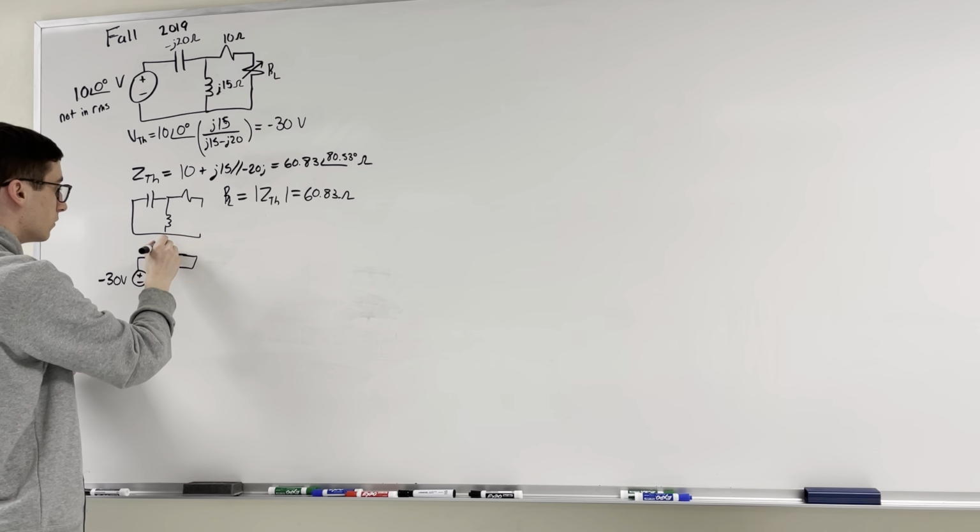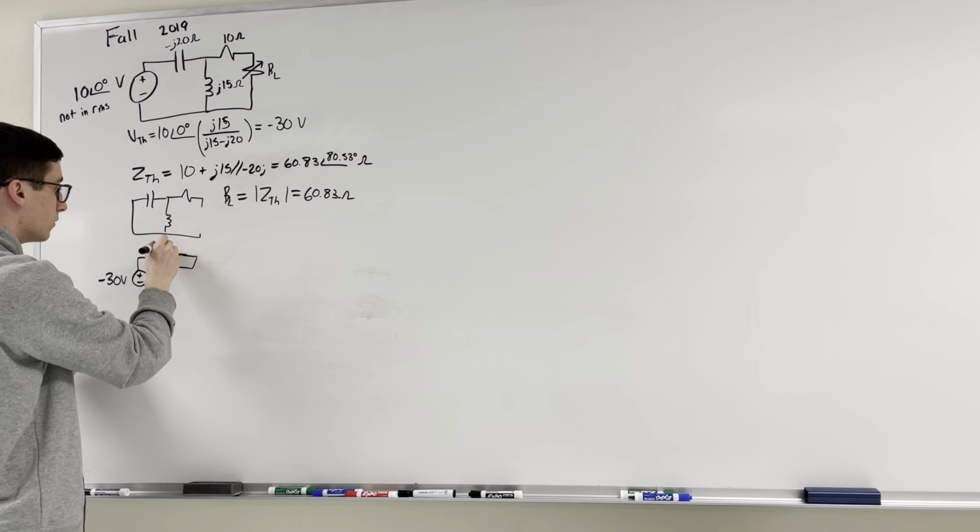All right. So KCL at Vx, or this point in the middle, we're going to go from Vx to 2Vx through this negative J4 capacitor. So it's Vx minus 2Vx over negative J4.